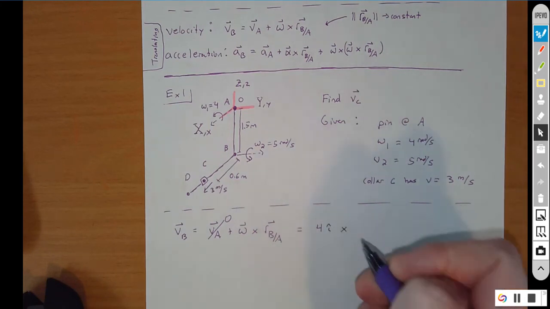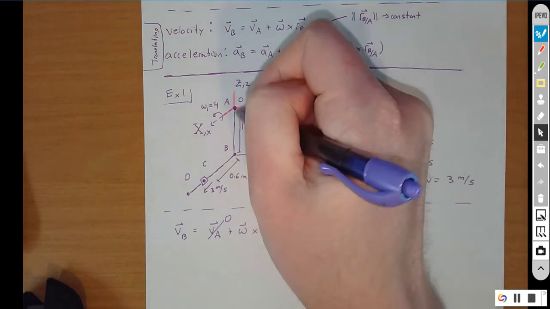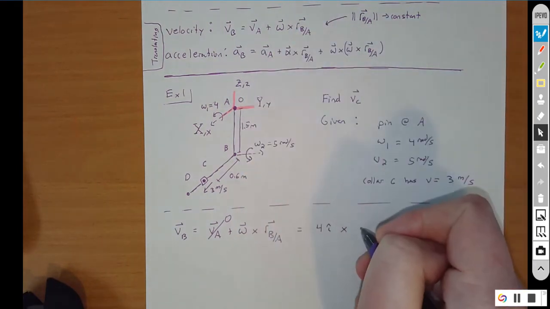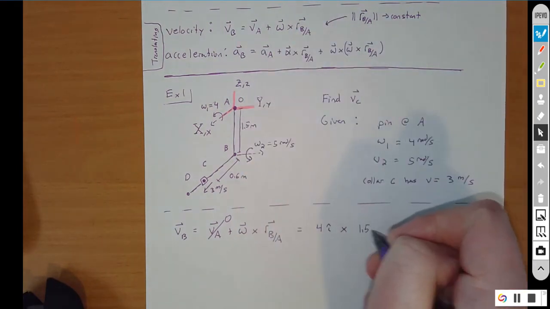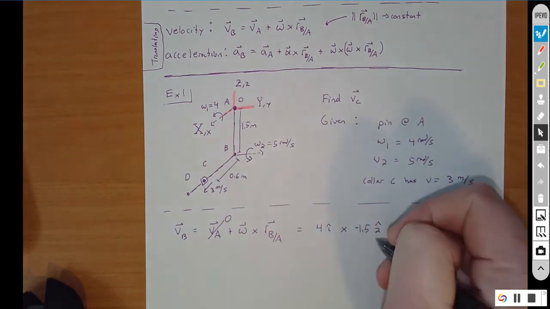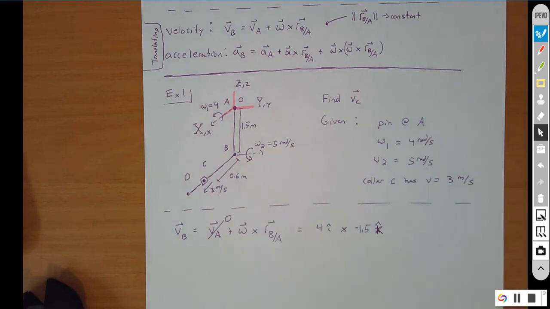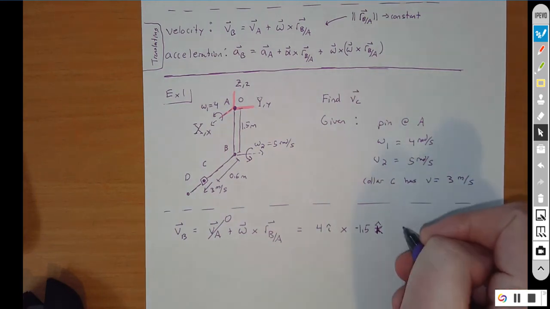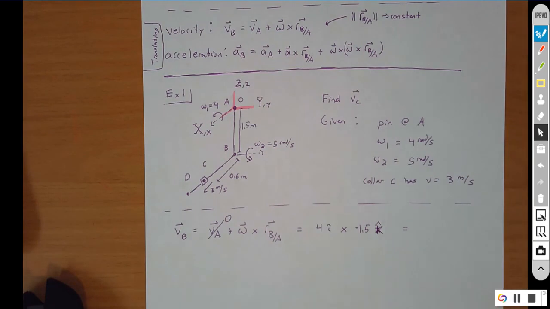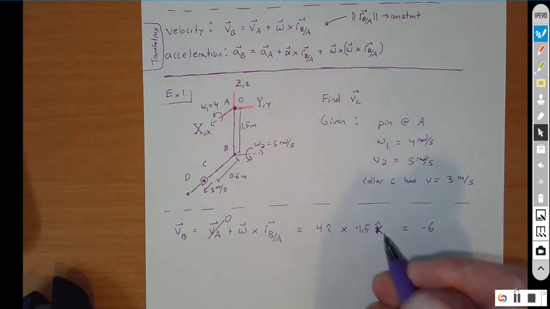And then we're going to cross that with our vector to B from A. So that is all in the negative z direction. So we're going to have a 1.5, and that's a negative in the k hat. So you do that cross product, and you'll find out the velocity of B is, well, negative 6, but we're going to cross an i into a k.